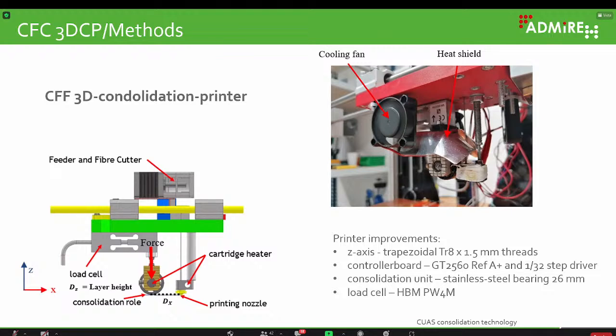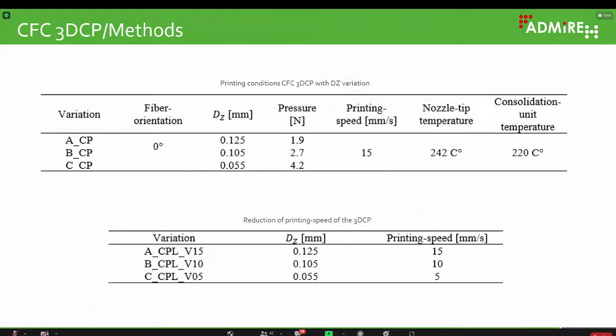Therefore, we developed our own 3D printer head with a smoother consolidation unit, with a consolidation roller. With this, we were able to give a higher consolidation pressure, and we increased the consolidation pressure to a maximum of 4.2 Newton.